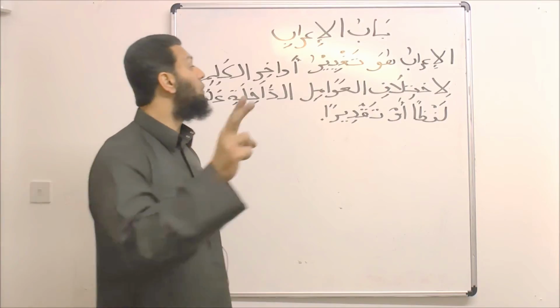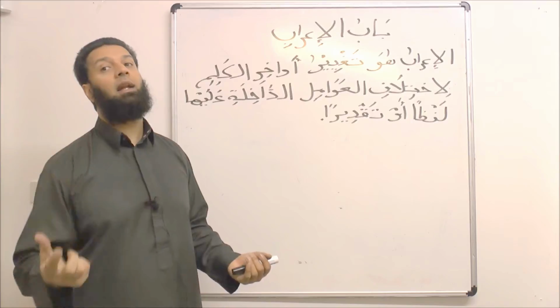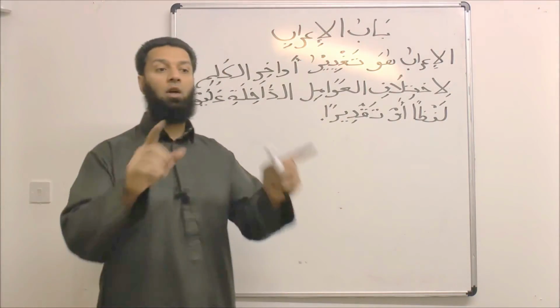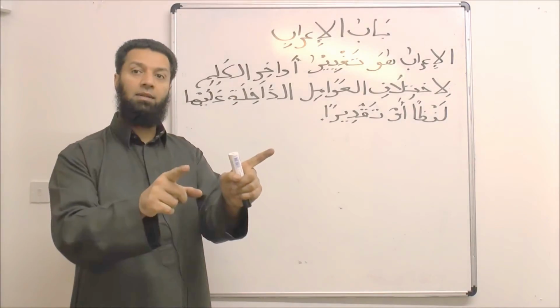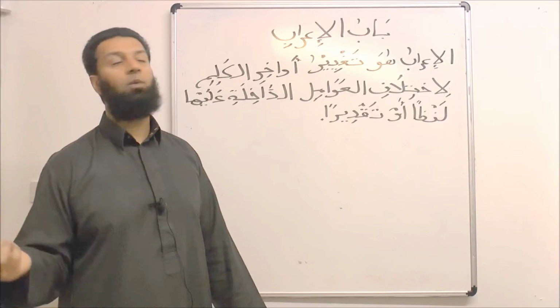Hasanan, there's two definitions here. One in terms of what it means in the language, and two in relation to what it means according to the science that it relates to. In this instance, it is nahwu, grammar.